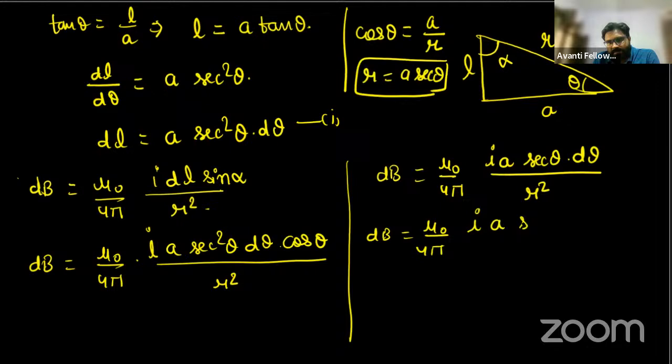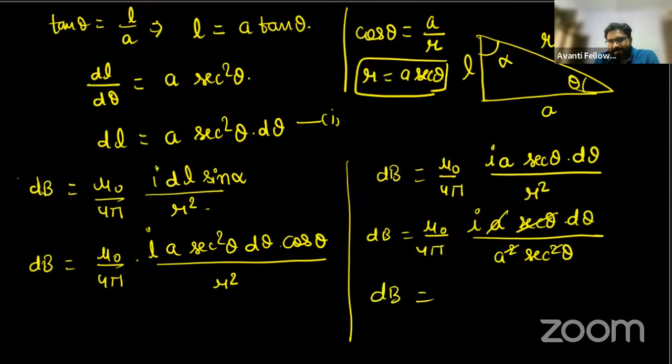So dB here would be mu naught upon 4 pi I a sec theta d theta divided by r square, which will be a square sec square theta. A and a will cancel out, one of the powers of sec theta will cancel out, and 1 upon sec theta is nothing but cos theta. So you can write it as mu naught over 4 pi I cos theta d theta over a.